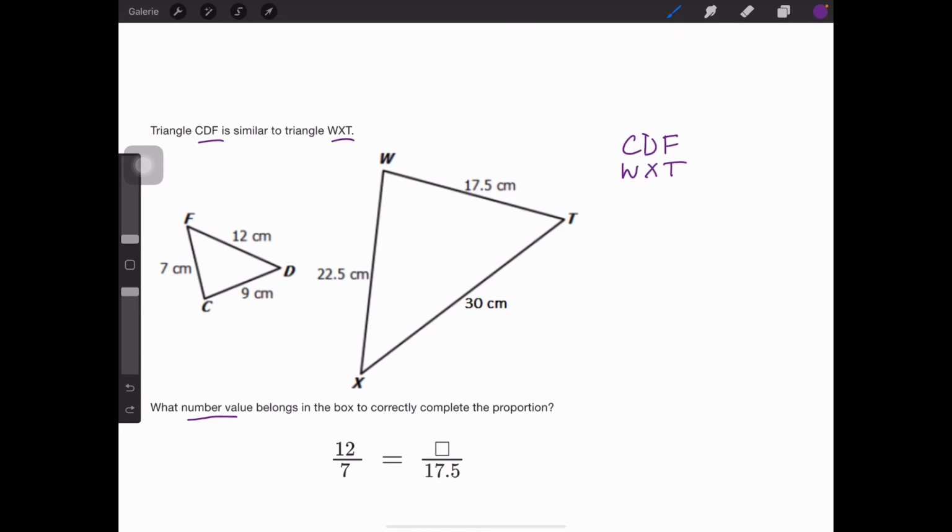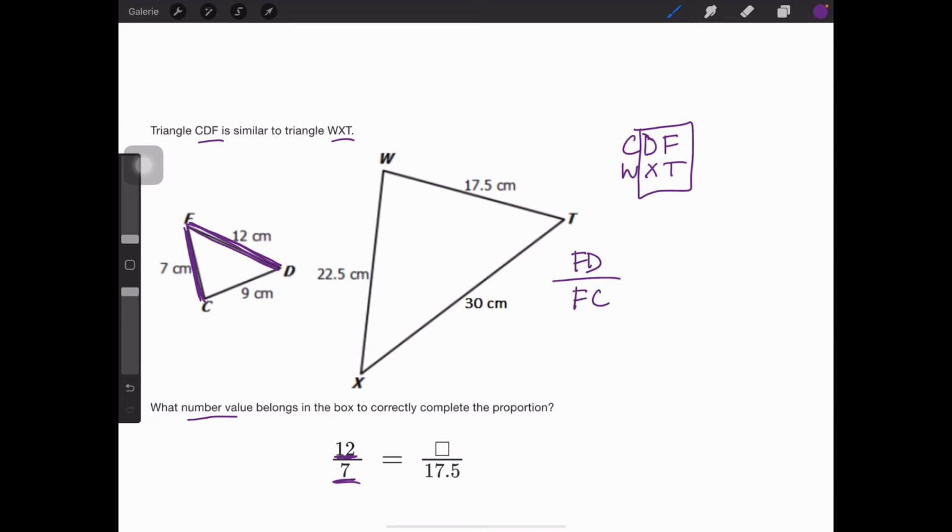I'm going to start by figuring out what numbers they're using for the left side. So 12 and 7. Let's see where those came from. If I look at my left triangle, I can see that FD is 12. So the first number that they're using is FD. I'm going to put a box around that. And then the second number I think is coming from FC, which is 7.